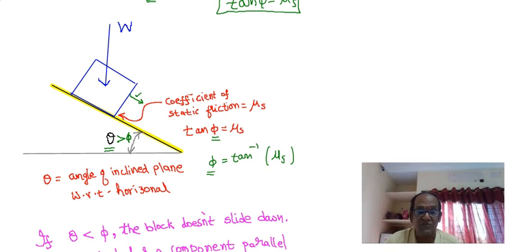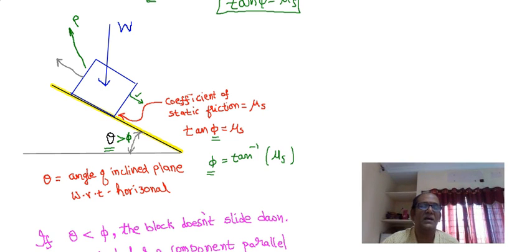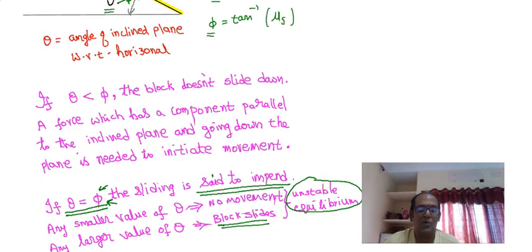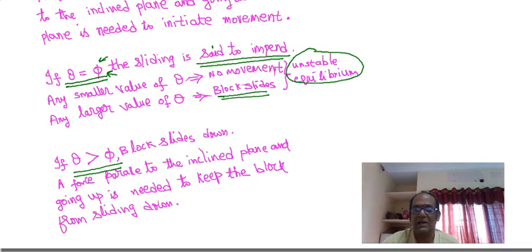If we want to stop the block from sliding down, we need to apply a force, something like this, the external force P, which has a component along the plane, parallel to the plane, and going upwards. We need to apply force P to stop the block from sliding down when the angle of inclination is greater than or equal to phi.